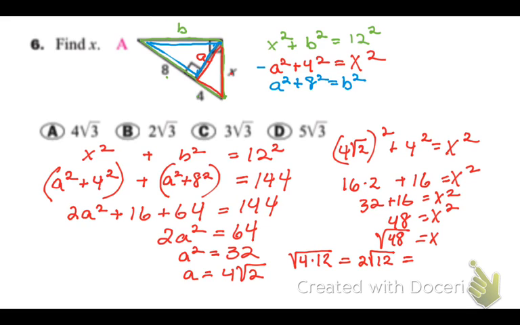Okay, there's still 2 times the square root of 12 is not one of the answers, so we got to keep going. So we have 2 times the square root. Let's find some factors of 12. Okay, there's 4 again, so we can take another 2 out. That becomes 4 times the square root of 3. And there we go.